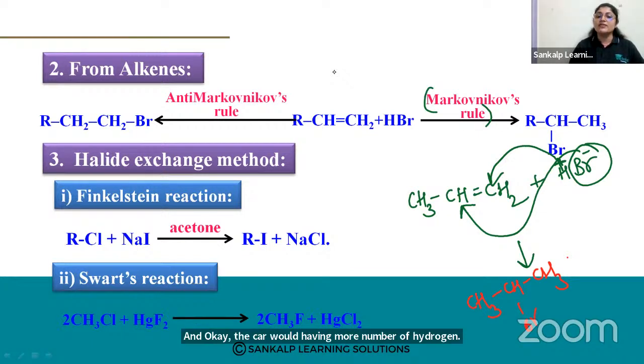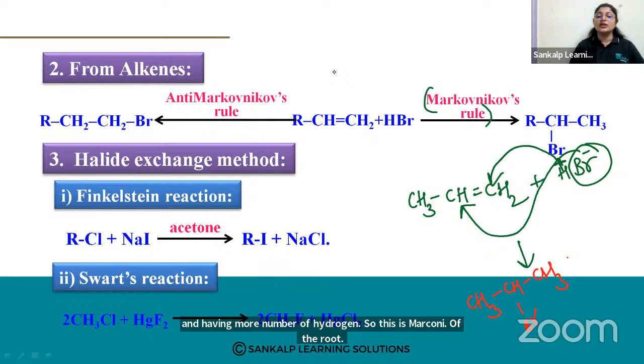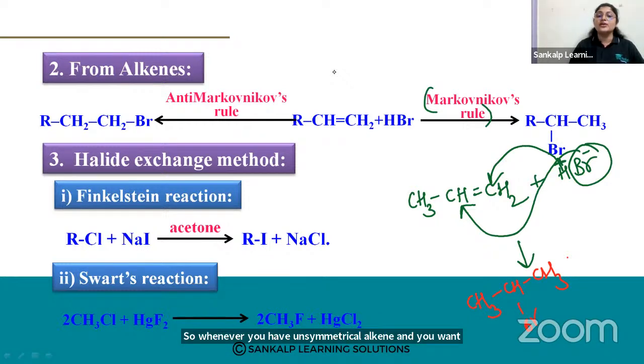So whenever you have an unsymmetrical alkene and you want to add any halogen acid, you have to follow Markovnikov's rule, wherein you add the negative part to the carbon with the least number of hydrogen atoms, and the positive part to the carbon having more hydrogen atoms. Okay, so this is your Markovnikov's rule.